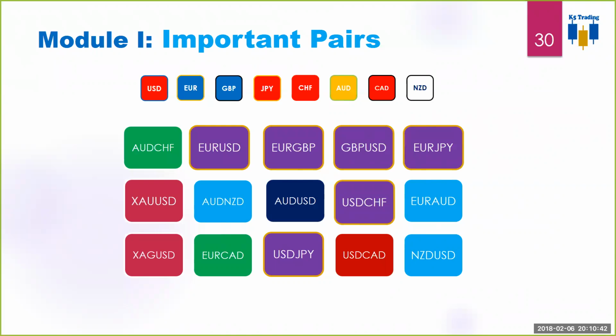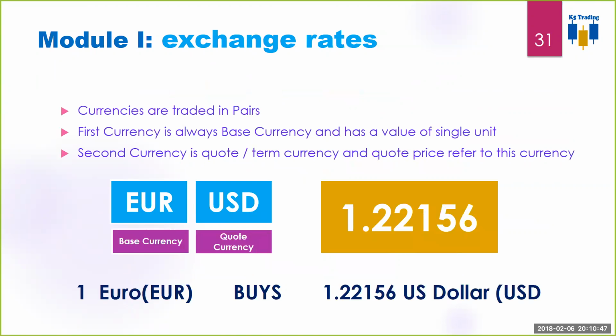Now we come to the exchange rate. That's how the exchange rate works in this scenario. For example, somebody says the rate of the euro is 1.22156. What does it mean? It means 1 euro will buy that much against the USD. So this is always traded in a pair. The first currency, on your left-hand side, is called the base currency.